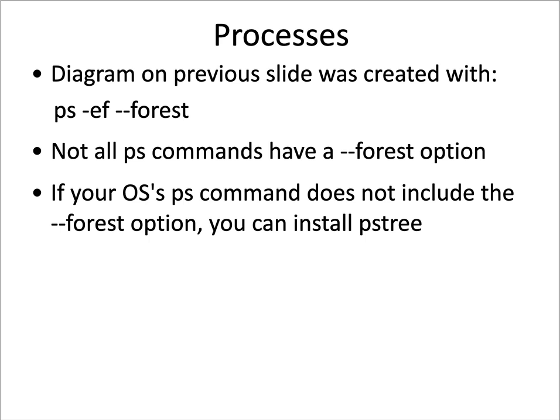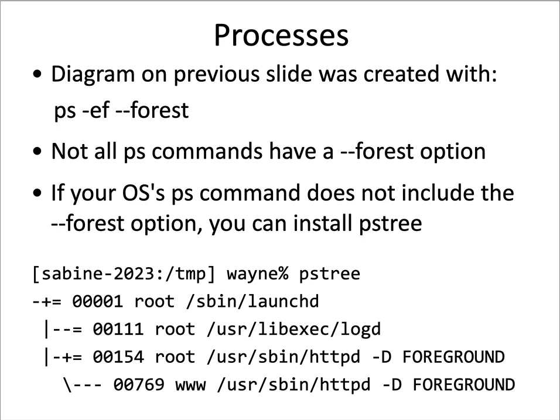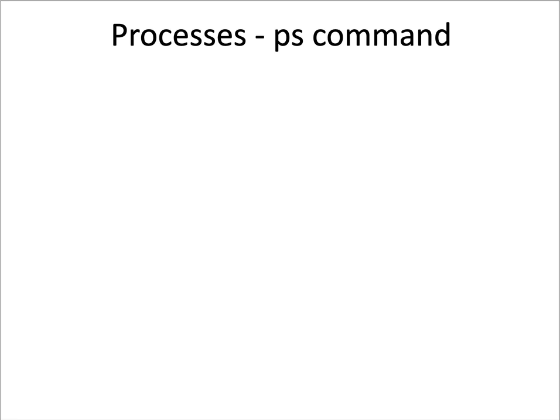And if your operating system doesn't have it, for example macOS, you can install pstree to get the same thing. I did that on my Mac, and here's a little bit of the output. So similar, but not exactly the same as what we saw with it built into the ps command, but you still get a tree or a trail of how the processes came into existence.